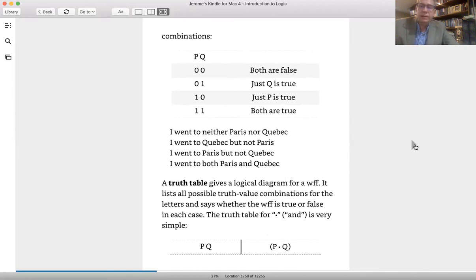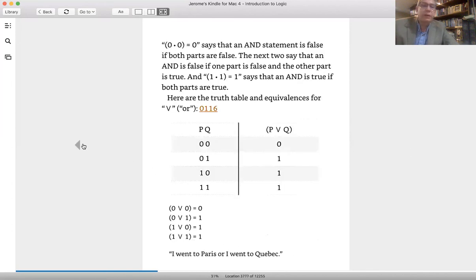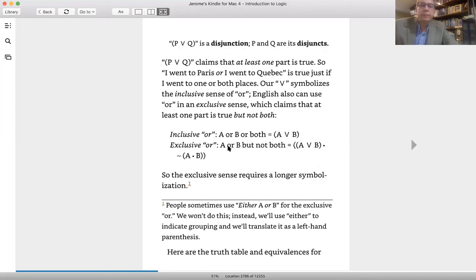So, and, again, sorry. Yeah, here we are. Or, a discussion of inclusive or exclusive or, which shows you how to symbolize exclusive or, but emphasizes that for the basic truth table, we mean this one. Exclusive or requires longer symbols.